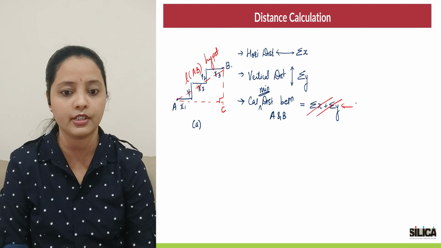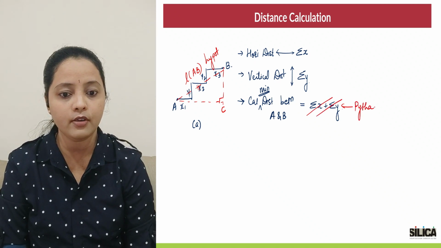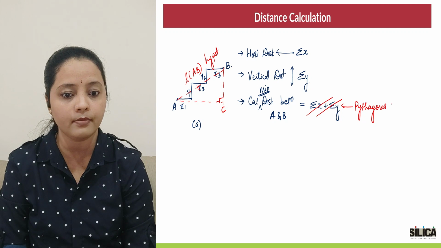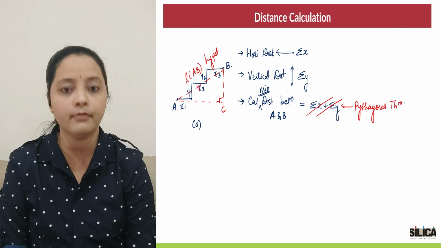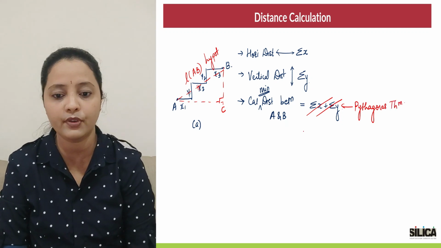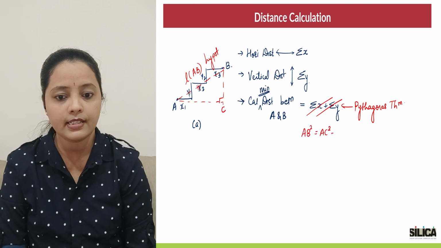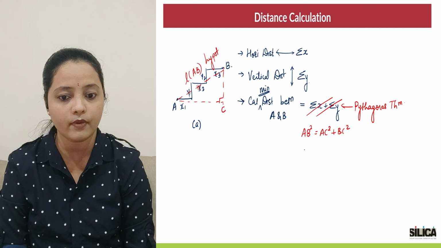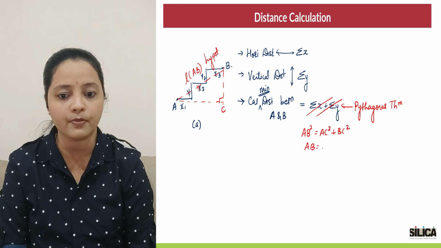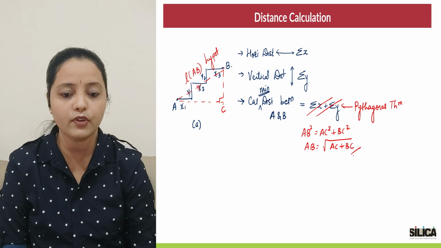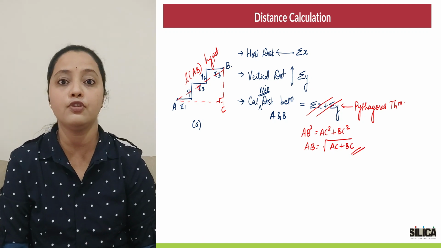So we are not supposed to do this, but instead we will use the Pythagoras theorem in order to find the minimum distance between those 2 points. How will we do that? AB square is equal to AC square plus BC square. So that means AB would be the root of AC square plus BC square. This would be your minimum distance between those 2 points.